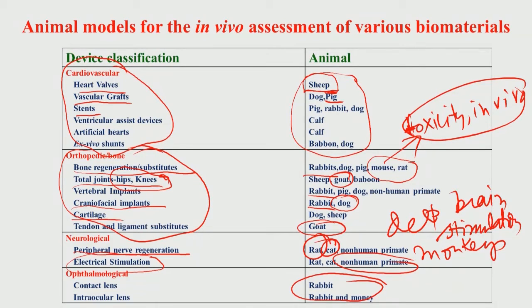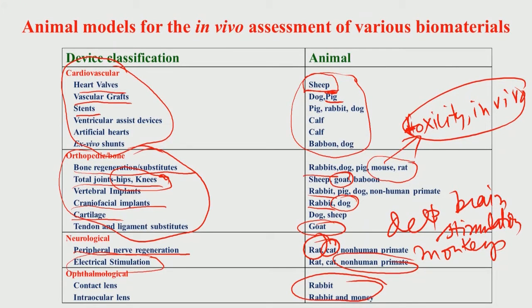The third consideration is that whenever you use a certain animal model and you have to place a certain material at a certain anatomical location, how easy is it to access that particular organ in that specific animal? For example, for cardiovascular applications, the first primary consideration should be how easily you can access that animal's heart, so that you can put a cardiac patch, or during surgery place artificial heart valves.